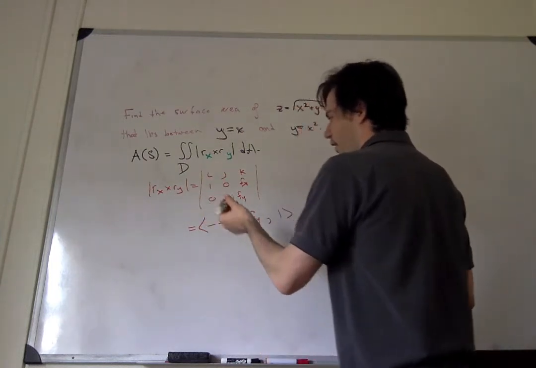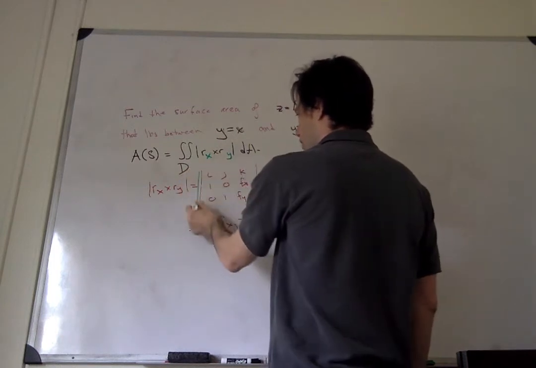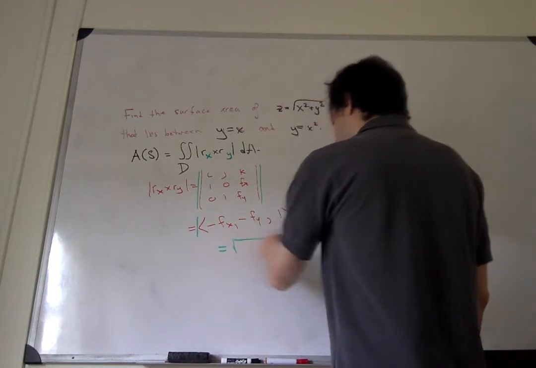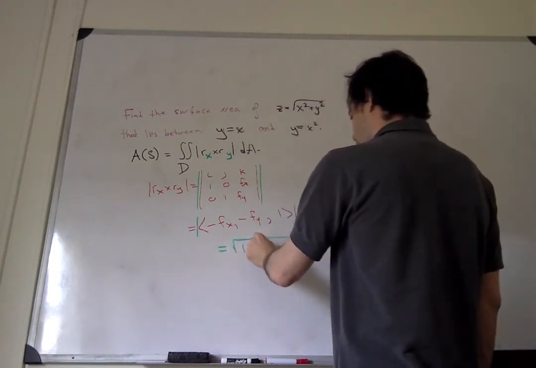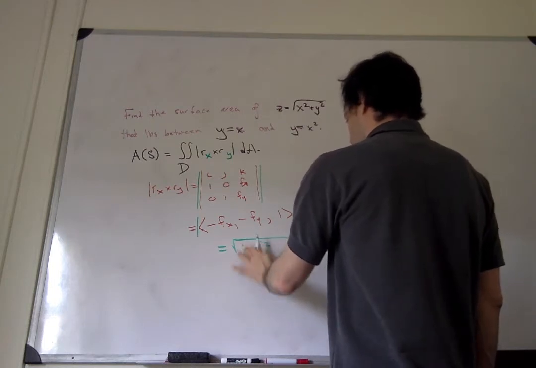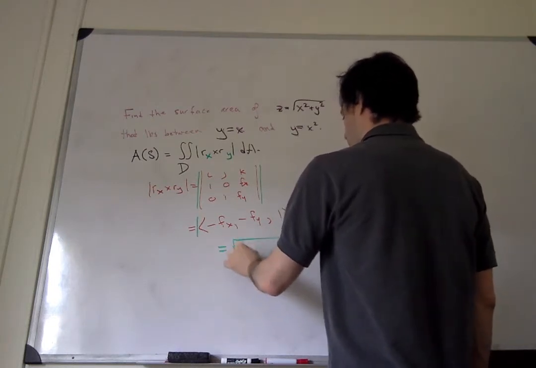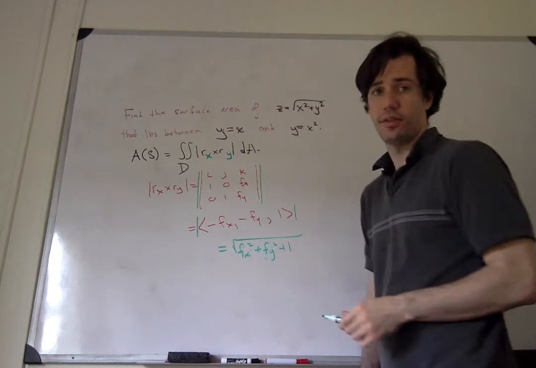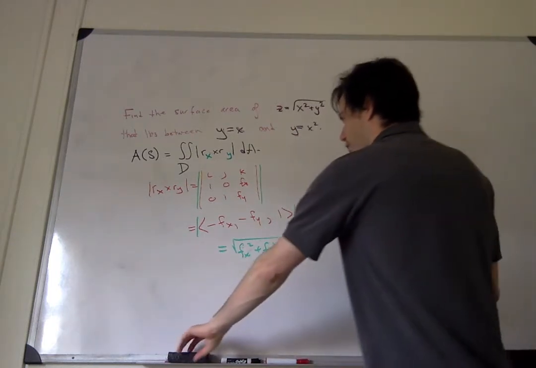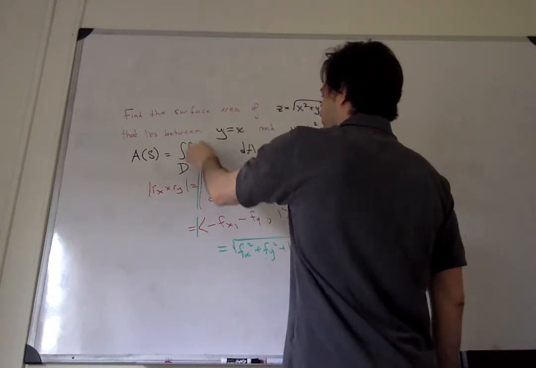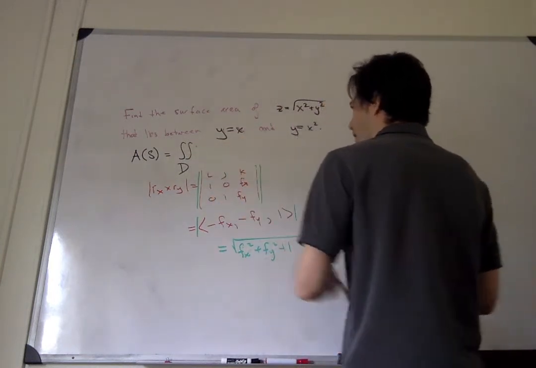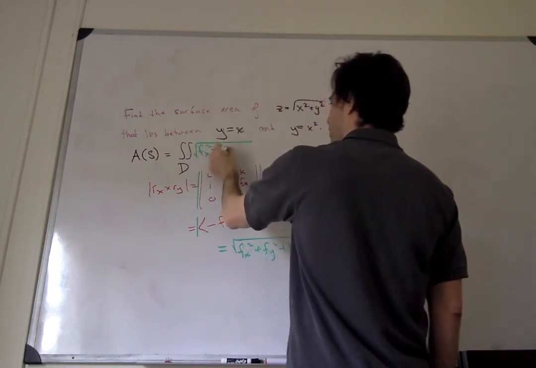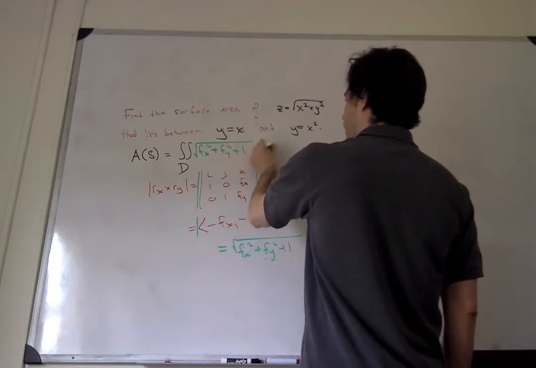Well, we need to find the absolute value of it, so I'm going to take the norm on this whole thing, and in the end I should get this. So this ultimately means we can rewrite this up here as the square root of fx squared plus fy squared plus 1 dA.